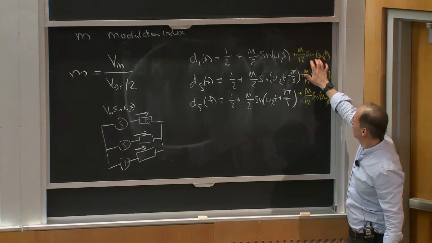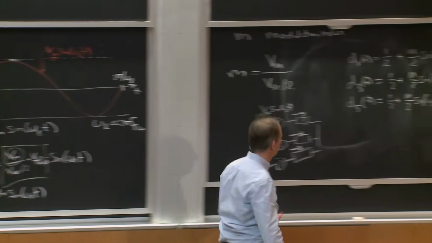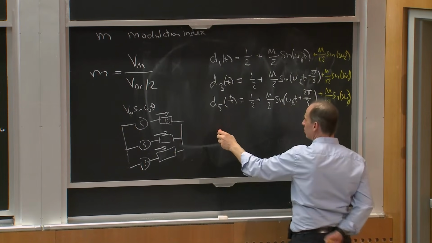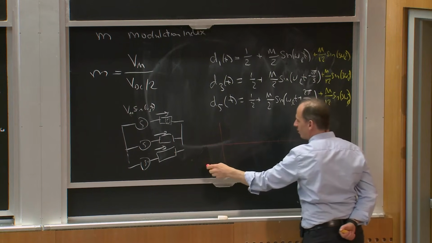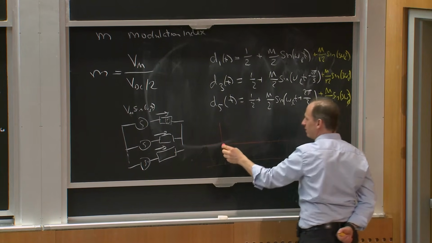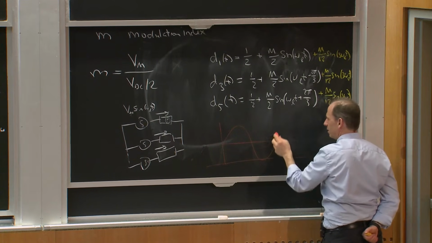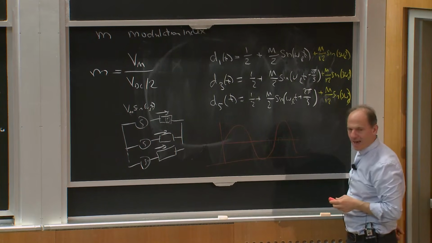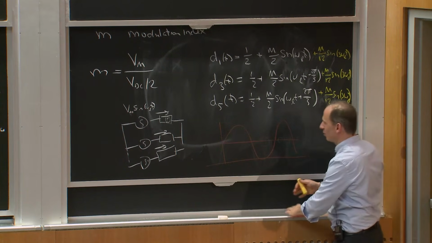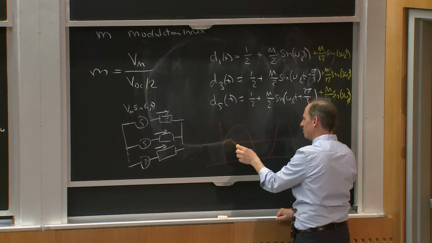Well, because when I think about sine, if I looked at this duty ratio, it would look like this. Here I would have 1/2, and I'm doing something like this, right? What I can do is add in a third harmonic component. What does a third harmonic component do? It does something like this.